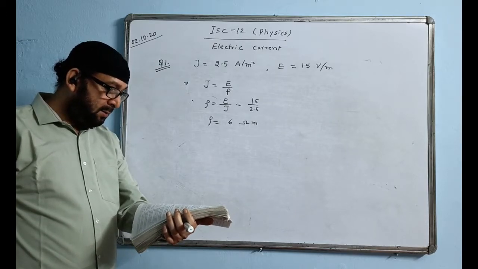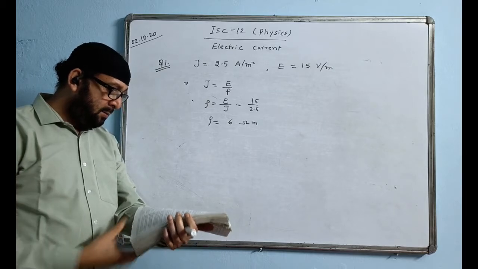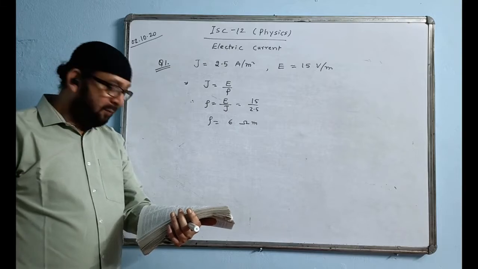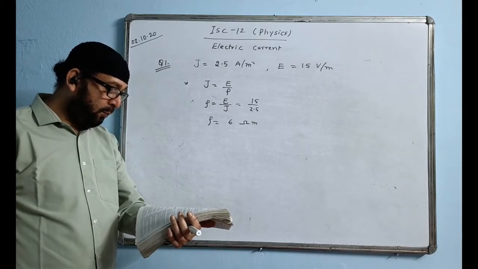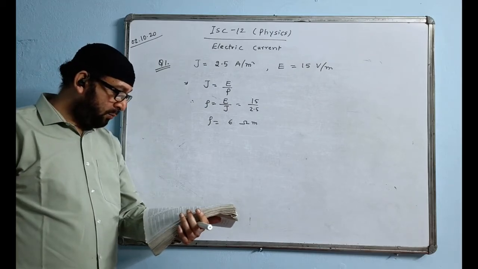Next question is, they are saying like this: a metallic wire has a resistance of 4 ohm.